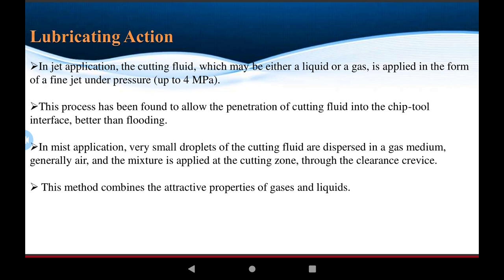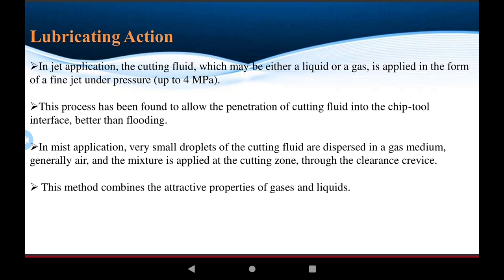In the jet application, the cutting fluid, which may be either a liquid or a gas, is applied in the form of a fine jet under a pressure of 4 megapascal, the jet pressure of 4 megapascal.